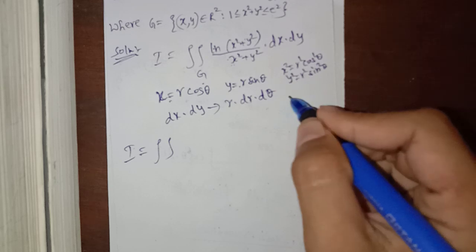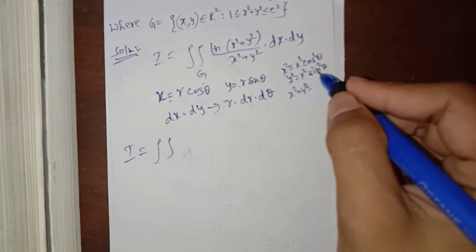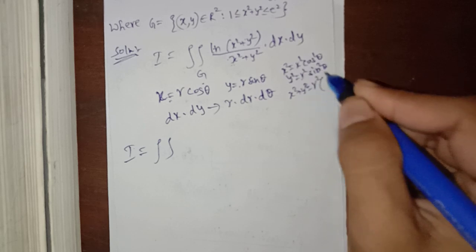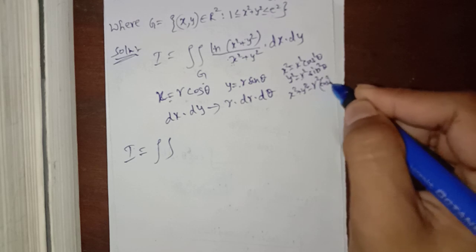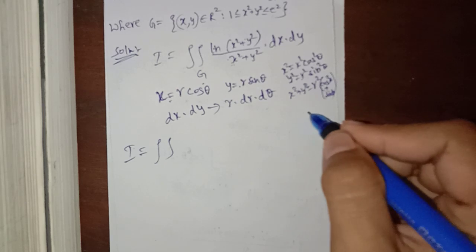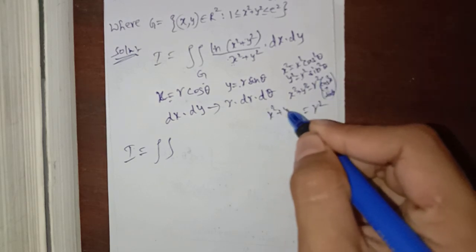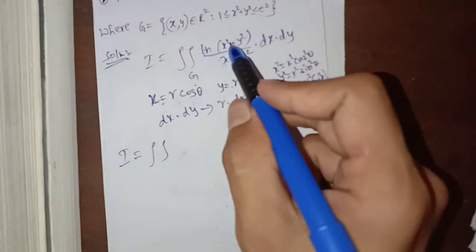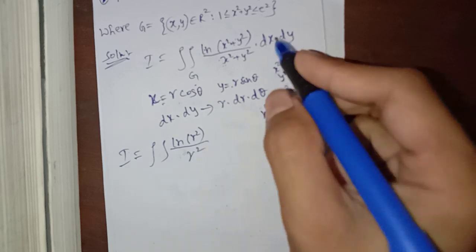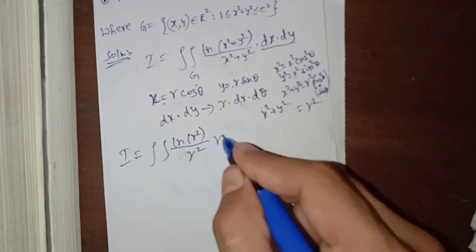So x square plus y square is r square cos square theta plus r square sin square theta, that is equal to r square into (cos square theta plus sin square theta). What is cos square theta plus sin square theta? It is equal to 1. So x square plus y square is equal to r square. So we write here ln r square divided by r square, and dx dy we can write as r dr d theta.